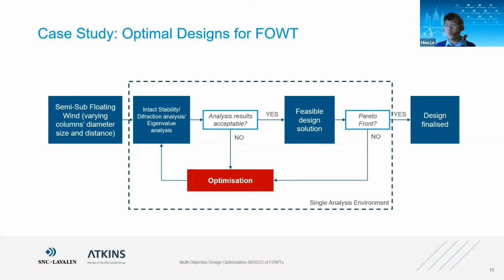We look into whether it has positive GM, where the 1P and 3P are, and whether it's a feasible design solution or not. If it is, and whether it's on the Pareto front, then we run optimization and see the number of design results. I'll show in the next two slides one simple example with two objectives, and another example with three objectives, to show the difference between them, so that you can get a feel for them.